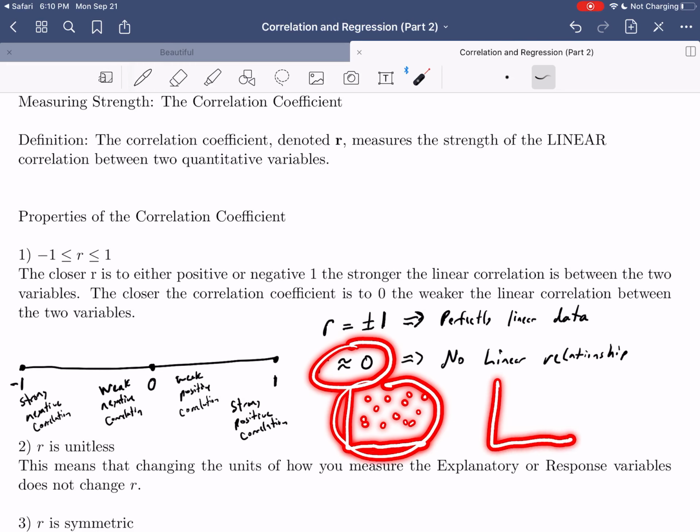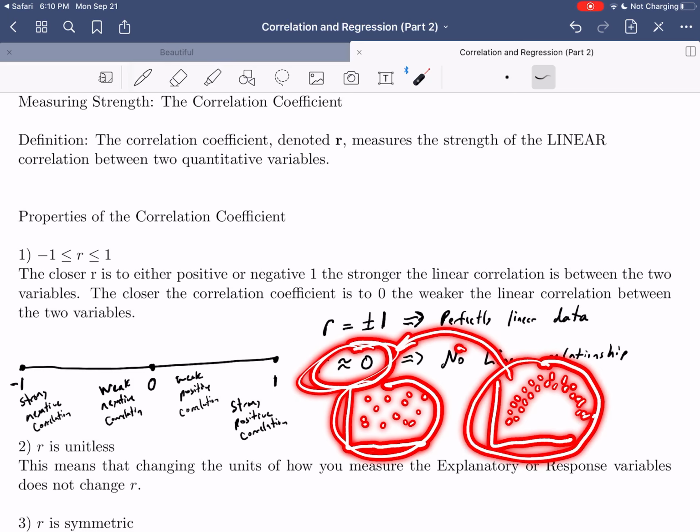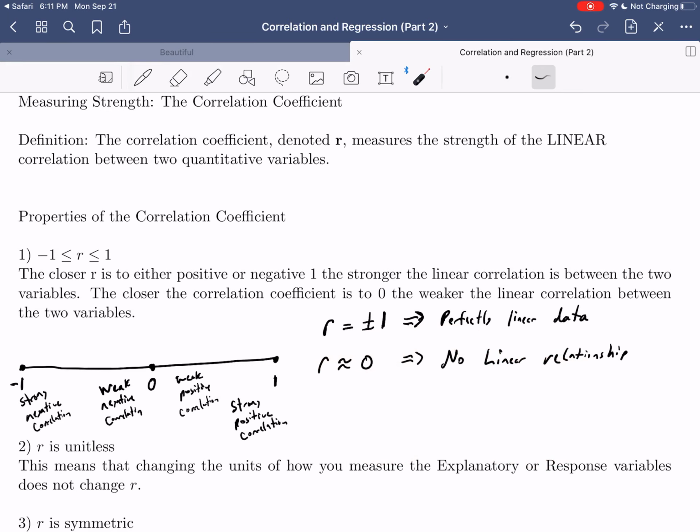If you had a relationship like this, there is definitely a relationship, but you would still get R approximately 0. Why? Because that second one is non-linear. If you see something like this, there's a pattern, but it's not a linear pattern.